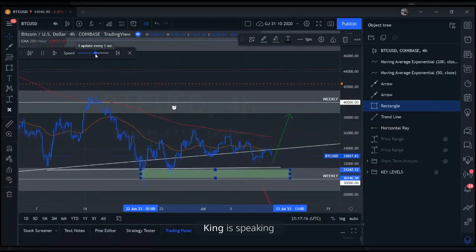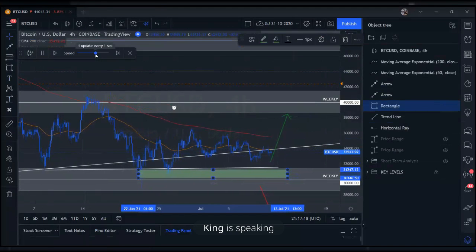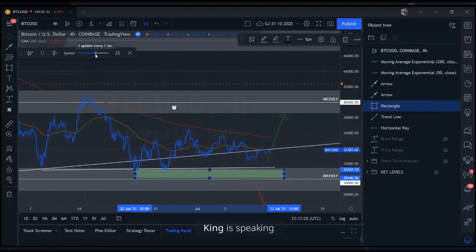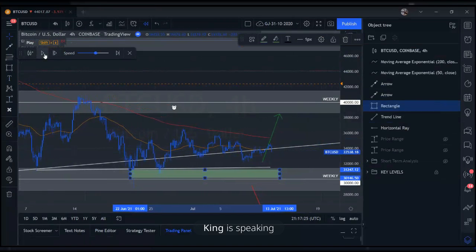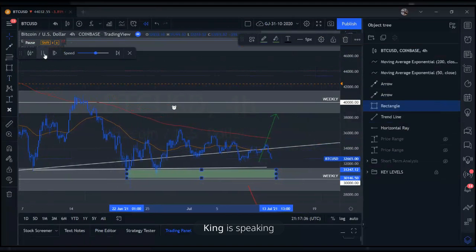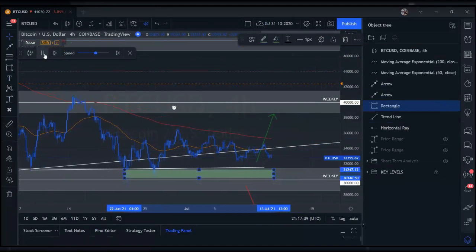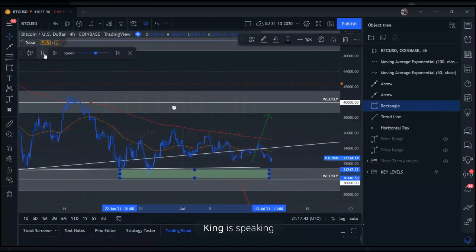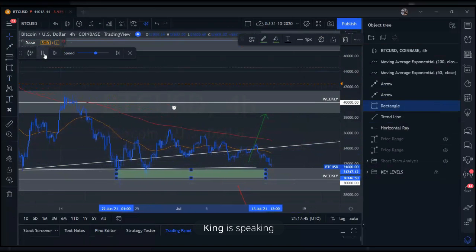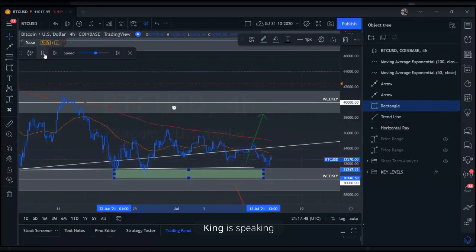We're messing about with that trend line, not being able to break it so far. 50 EMA is being respected as resistance. I'll just pause it there. We're seeing a lot of action happen around that trend line. Now the market seems to be selling off a bit, but now we're looking a bit bearish, a bit of a panic here.